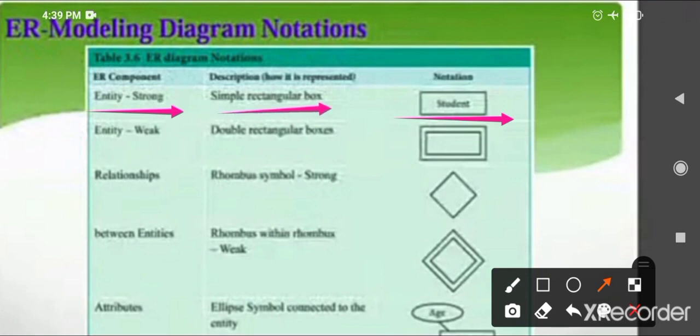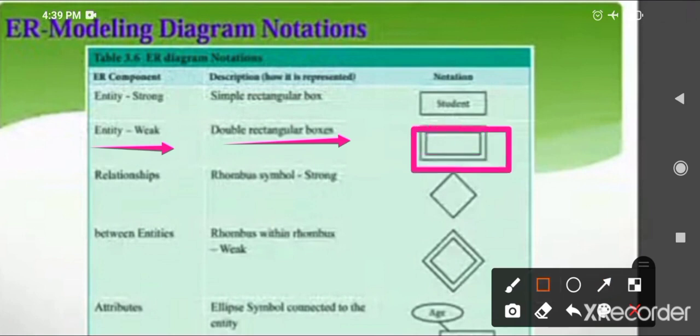This is the representation. The second one is the weak entity, drawn as a double rectangular box. This is the representation of a weak entity.